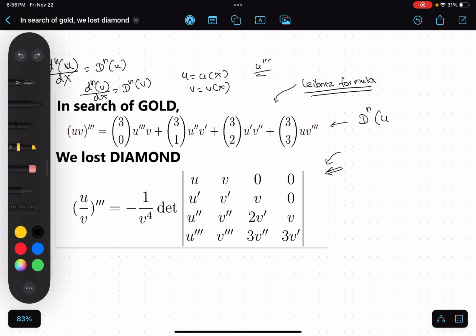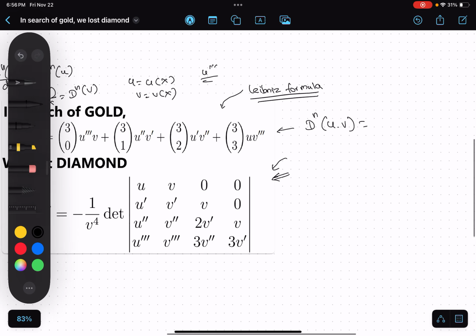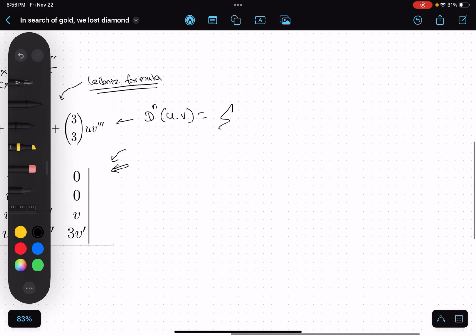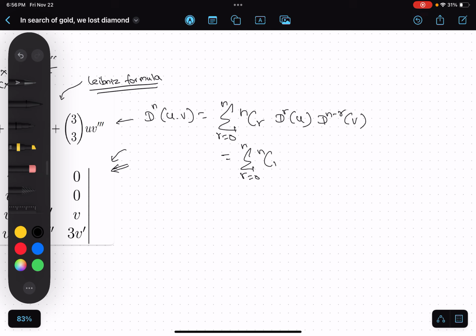In that case, this will just be equal to the sum from r equals 0 to n of nCr times the rth derivative of u and the (n minus r)th derivative of v. So this is the formula. Or you can also write it either way, it doesn't matter. You can also write it as the (n minus r)th derivative of u and the rth derivative of v.